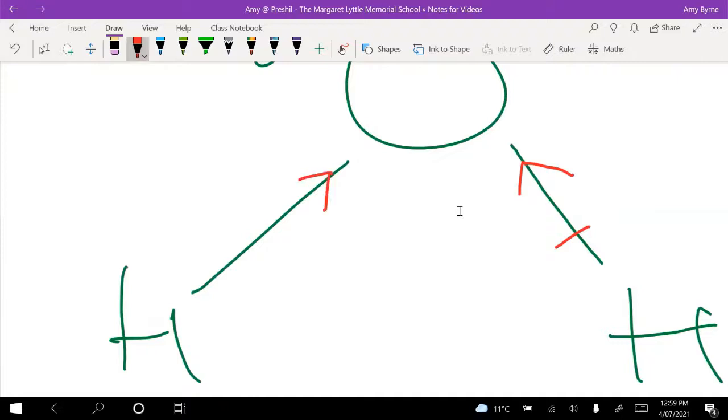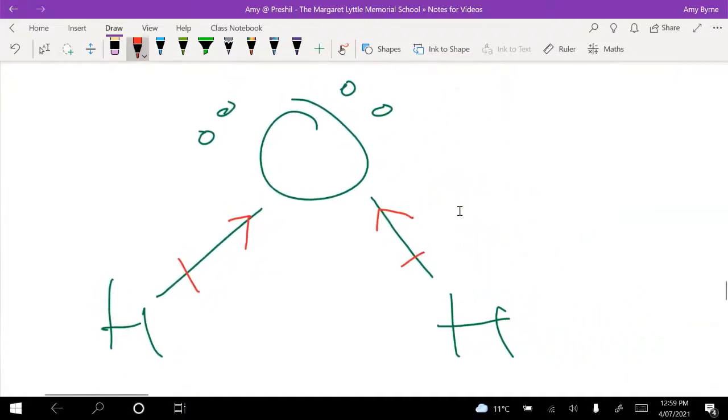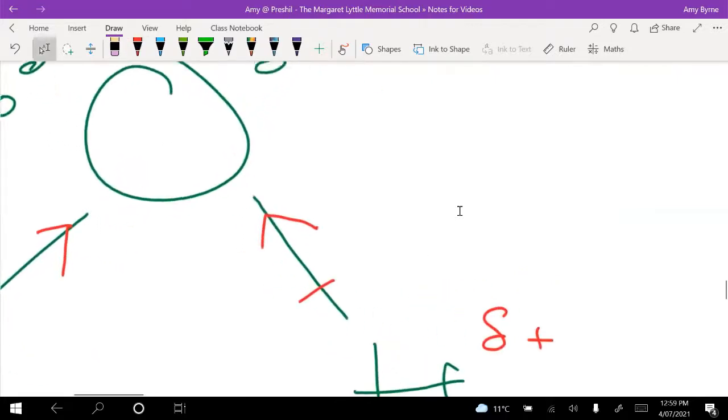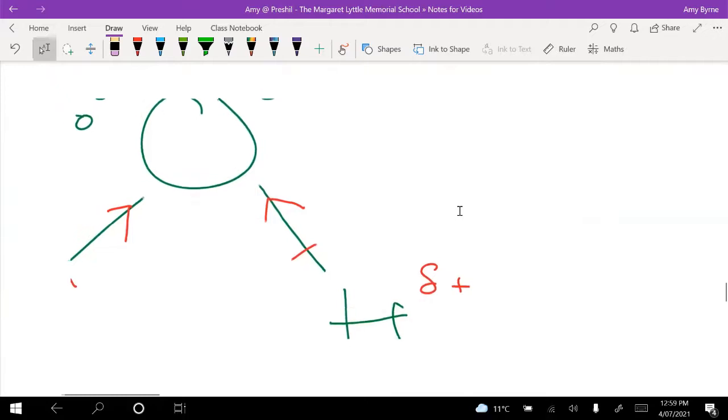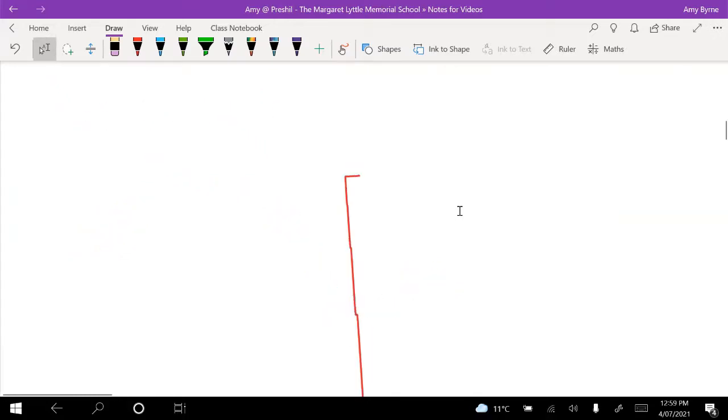So my oxygen is going to pull on those electrons in those shared bonds, and it's going to end up being slightly, that's what that little delta means, slightly negative, and these guys are going to be slightly positive. This is what we mean by bond polarity. There is a difference in electronegativity.